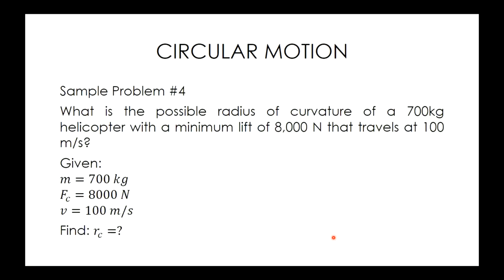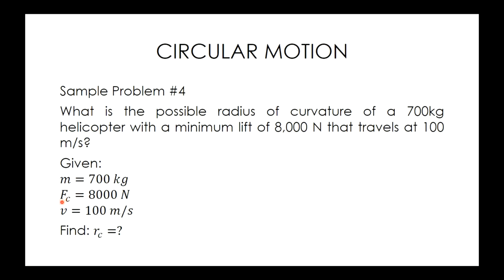Next, for sample problem number 4, what is the possible radius of curvature of a 700 kilogram helicopter with a minimum lift of 8,000 Newton that travels at 100 meters per second? So, ang given natin, meron tayong mass. Mass ng helicopter, 700 kilogram.